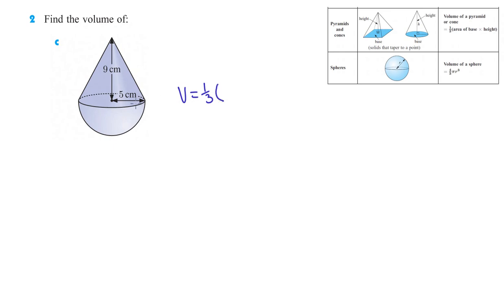The base of that here is going to be a circle, so we want to put the area of our circle in here. That's pi r squared. There's our area of the base times the height, plus 1/2 of the volume of our sphere.